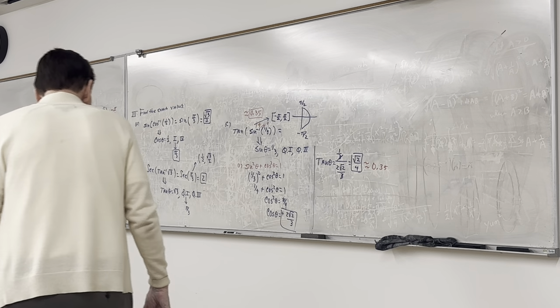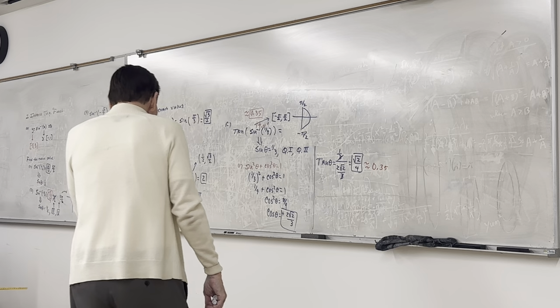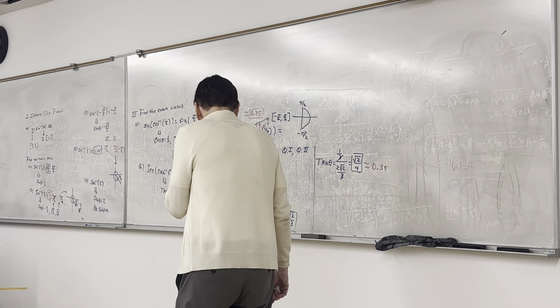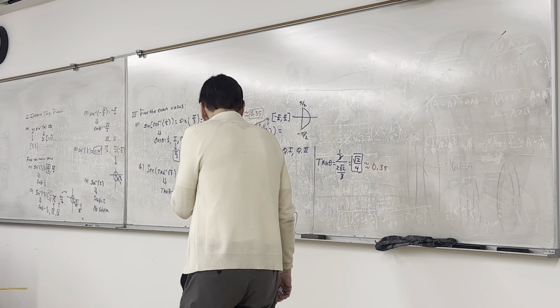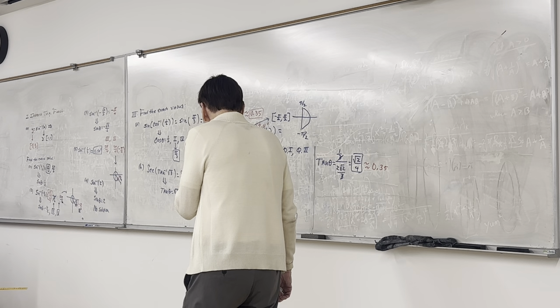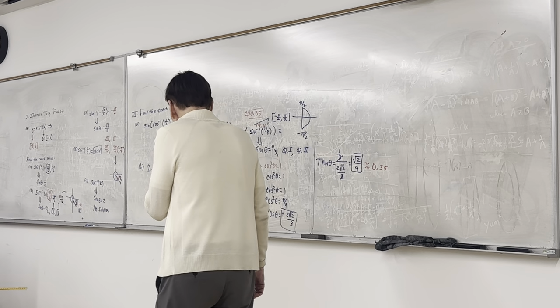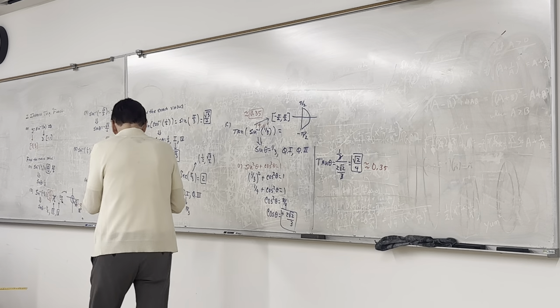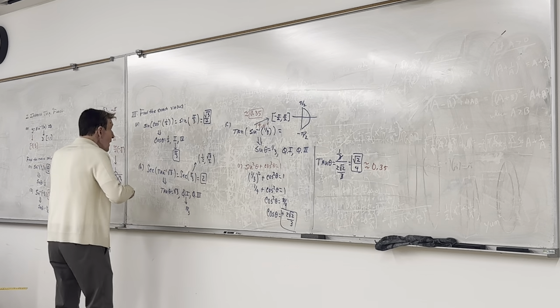Go ahead. So when we did the inverse cosine of 1/2, it's like saying cosine is equal to 1/2, and then what was in between the restrictions, and that was pi over 3.